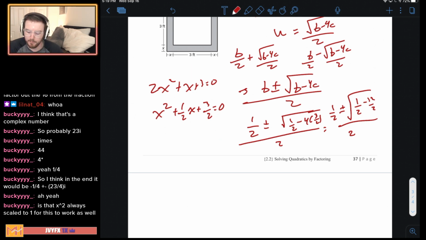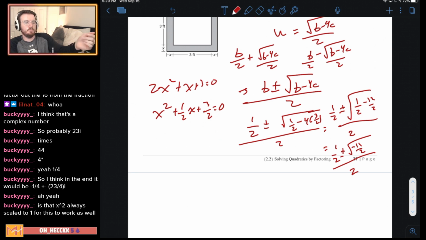Where did I mess up? This doesn't look like it's coming out to be the same answer. So 1 half plus or minus the square root of negative 11 halves all over 2. Did I mess up somewhere?